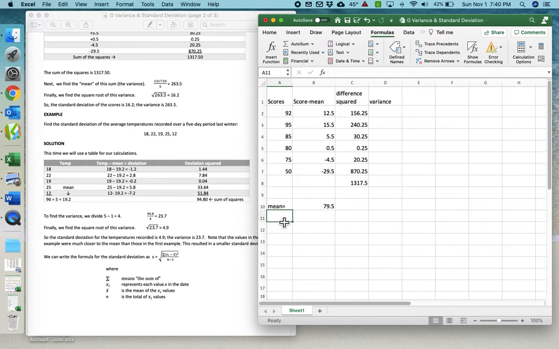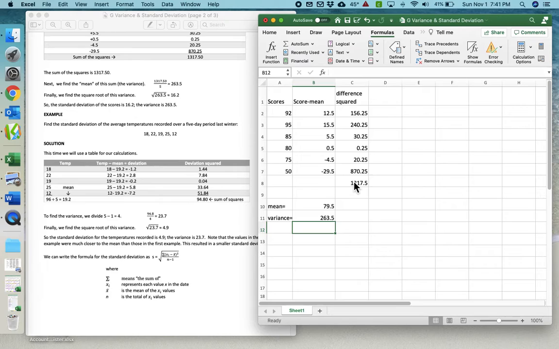Let's just go down and write it here. So we're going to take this number and divide by n minus 1. And there were 6 of them, so that would be 6 minus 1, or 5. This is our variance. So that's one of the questions that this worksheet's going to ask you is, what is the variance? There it is.